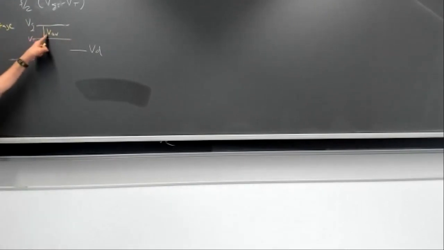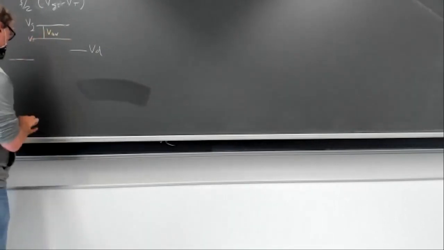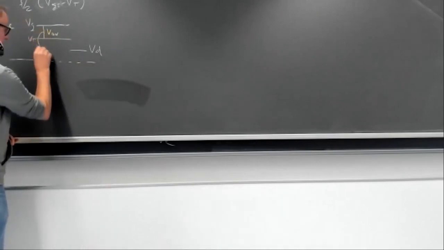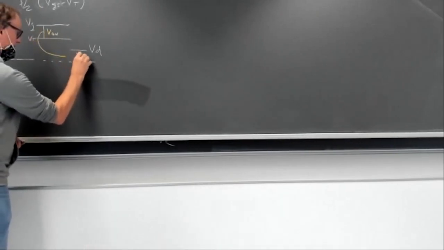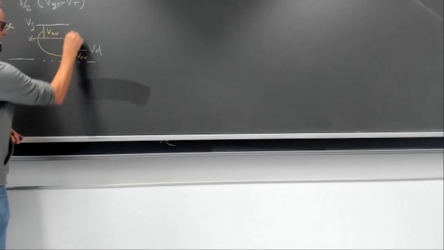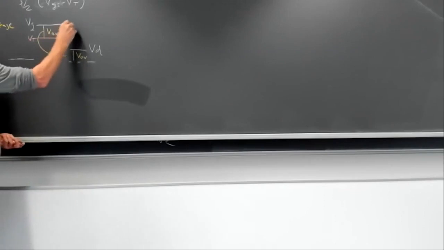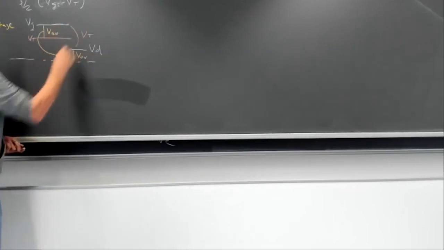It's exactly the overdrive, right? If I put the drain at the overdrive voltage, then this voltage is what? Isn't it going to be VT?